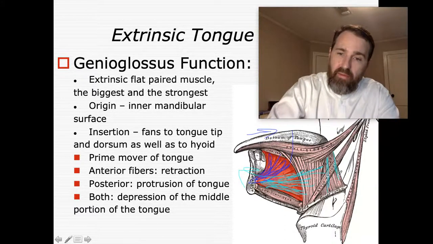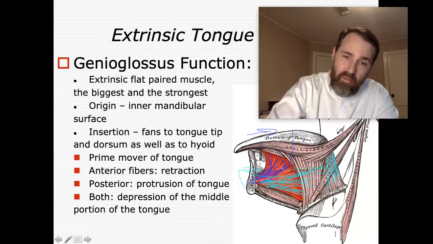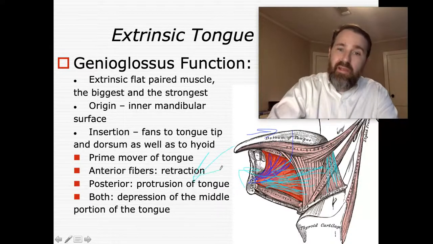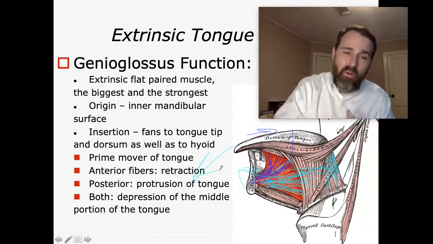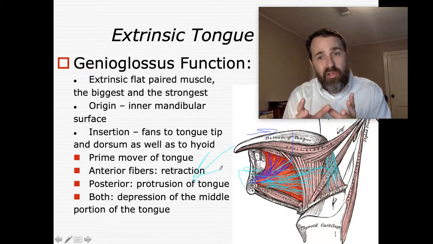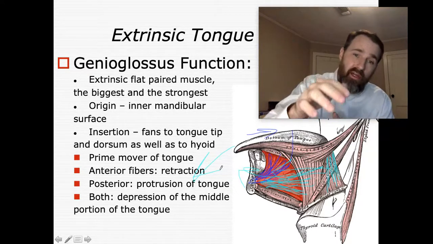So if the base of the tongue is pulled forward, then that is going to protrude the tip of the tongue out of the oral cavity. So the posterior fibers, when contracted, protrude the tongue.